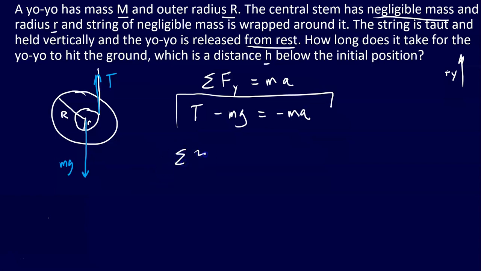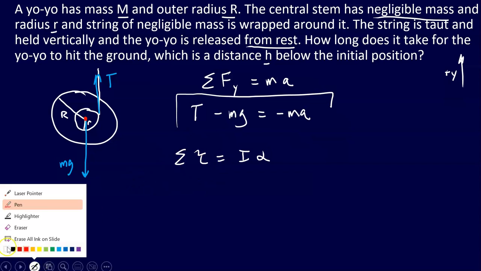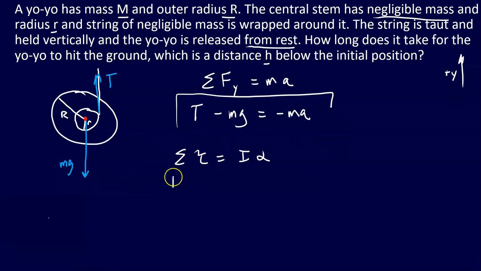The next equation that we'll use, because this object is also rotating, is the sum of the torques equals the moment of inertia times alpha. I'm going to use the axis of rotation at the center of the yo-yo right here. In this case, the torque that's going to be making this rotate would be due to the tension.